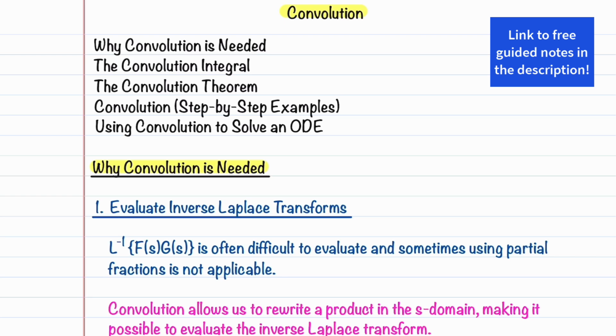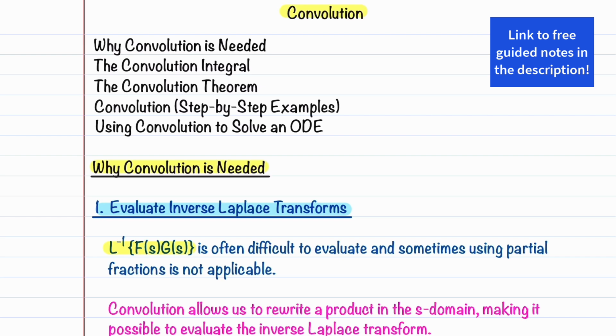There are two situations where convolution is incredibly useful. The first is for evaluating inverse Laplace transforms like this. Sometimes you can factor this and use partial fractions, but sometimes using partial fractions doesn't work cleanly.